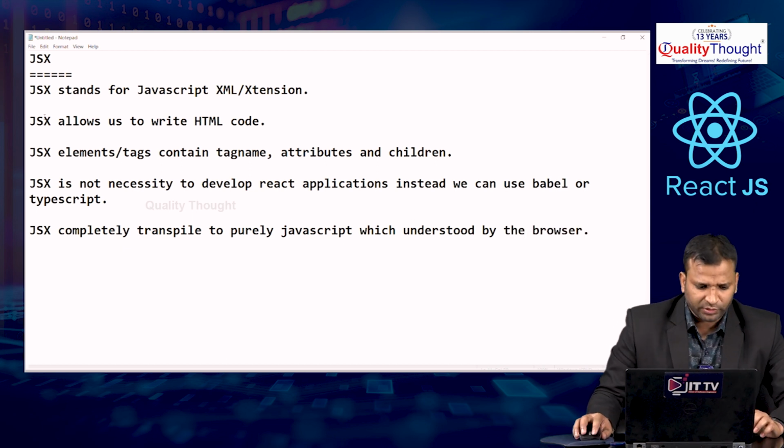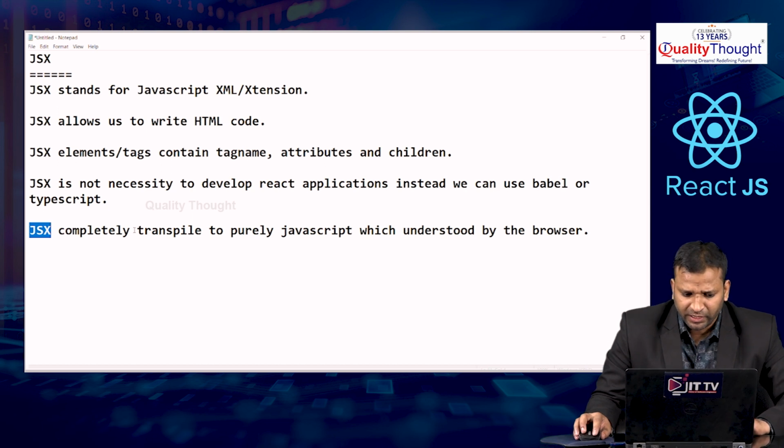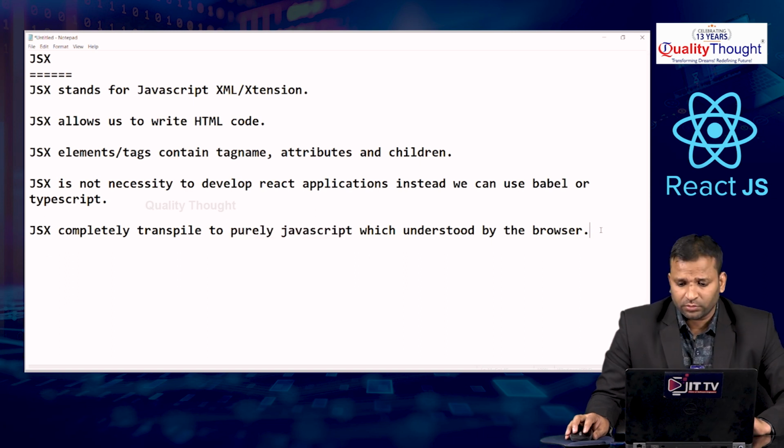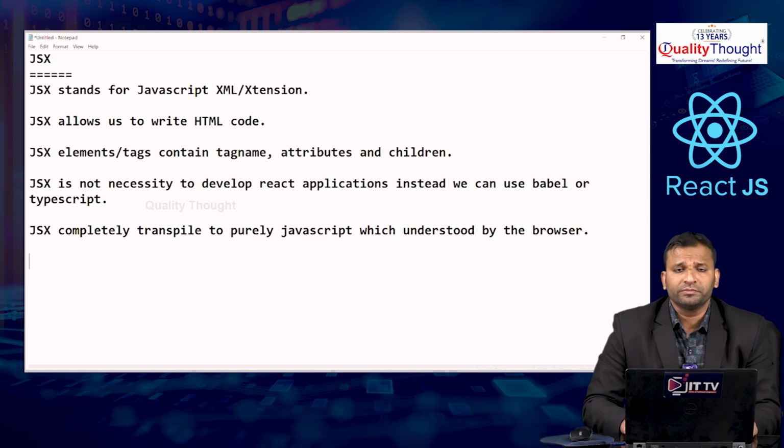See, first thing I want to tell you, whenever we are working with JSX, it cannot be understood by the browser. So JSX internally transpiles to pure JavaScript, and that JavaScript will be understood by the browser. So that is the way we can do.